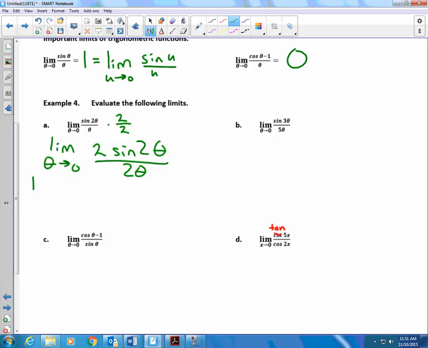Or you could think of it like this: the limit as theta goes to 0 of 2 times the sine of 2 theta over 2 theta. What is this limit? 1. This is 2.